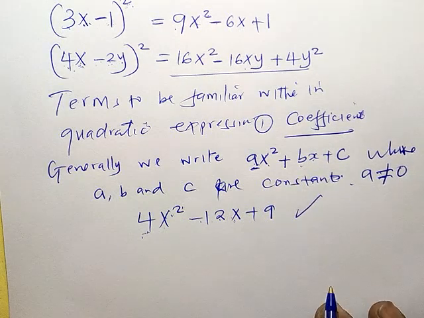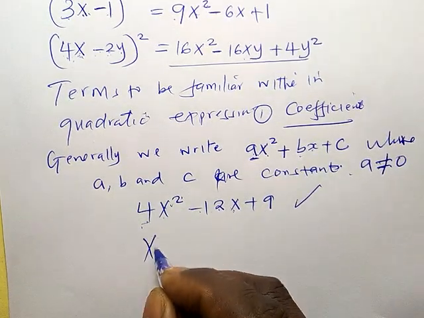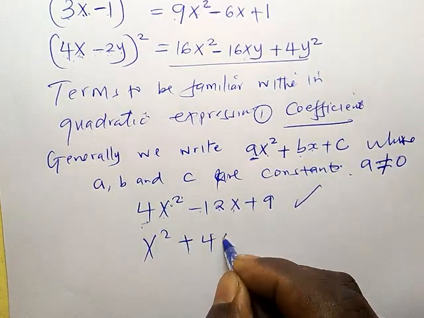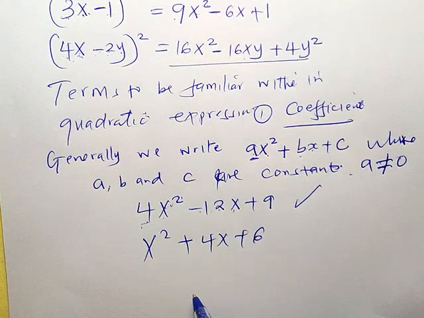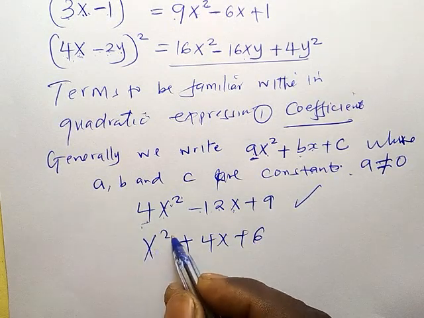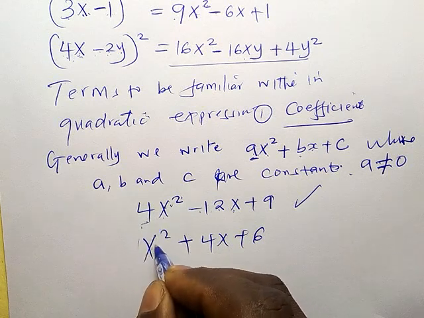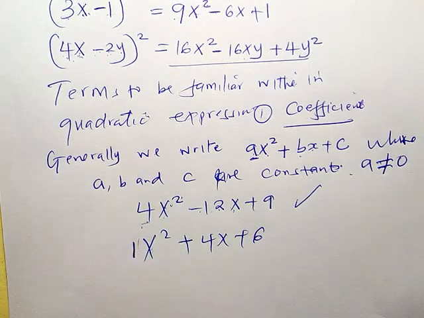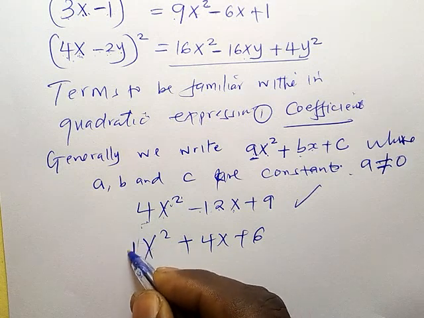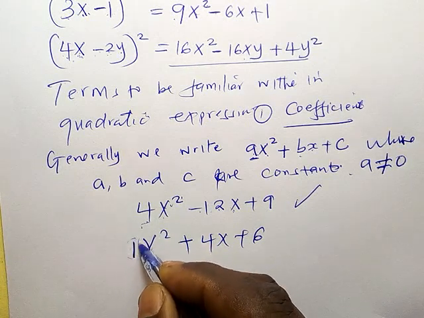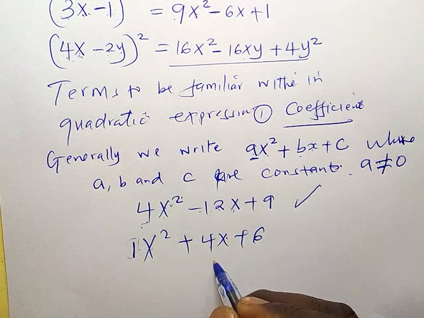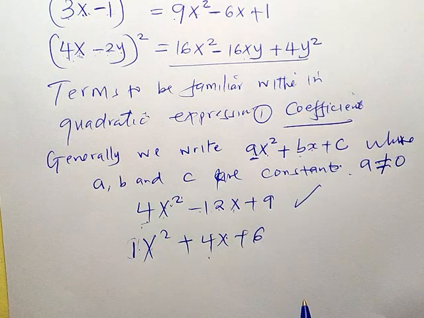Very important to note, suppose it is x squared plus 4x plus 6. What is the coefficient of x squared here? There is always 1 which is not there. So the coefficient of x squared is 1, because we don't write 1x squared. But there is always 1 there. The coefficient of x here is 4. That is good. Now I know you know what a coefficient is.